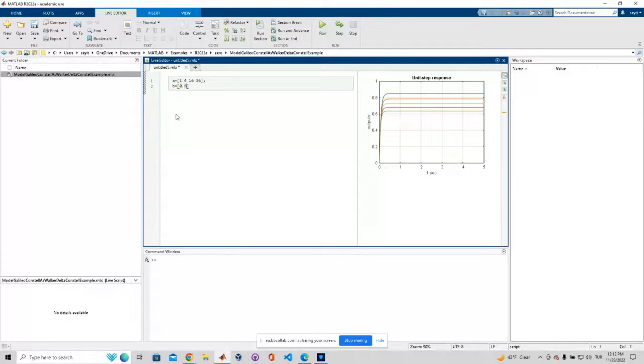Our second system, let's see. Let's say our time frame. Then we're going to see our y function. Now we have zeros here.